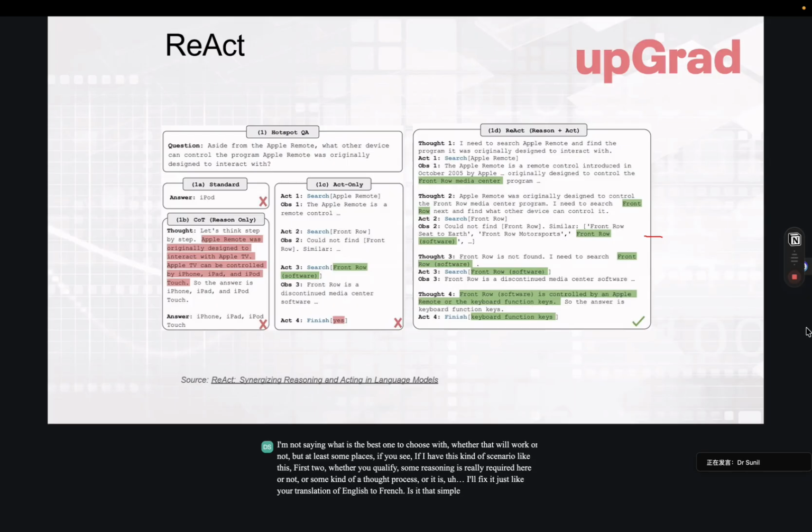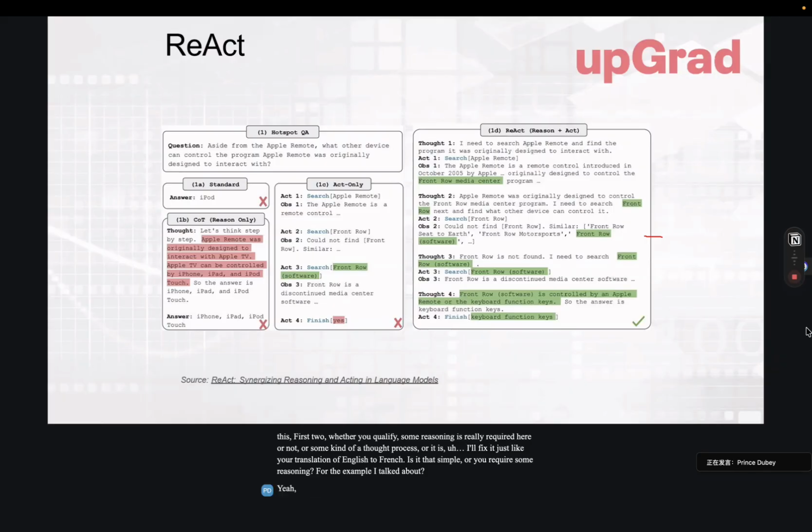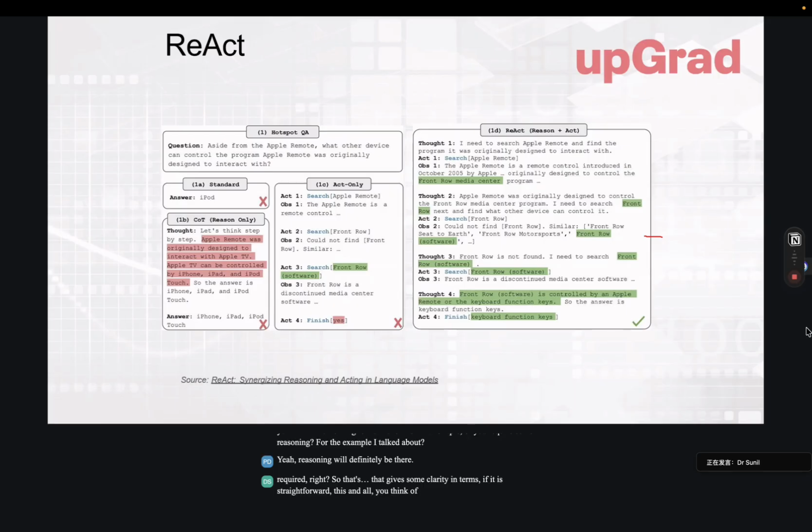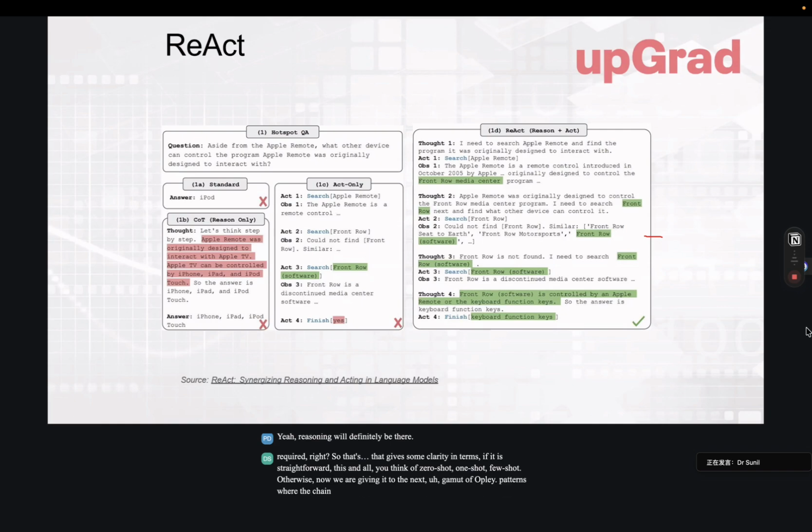Is it that simple, or do you require some reasoning for the example I talked about? Yeah, reasoning will definitely be required, right? So that gives some clarity. If it is straightforward, you think of zero shot, one shot, few shot. Otherwise, you go into the next gamut of patterns, where chain of thought or maybe self-consistency or ReAct come in.